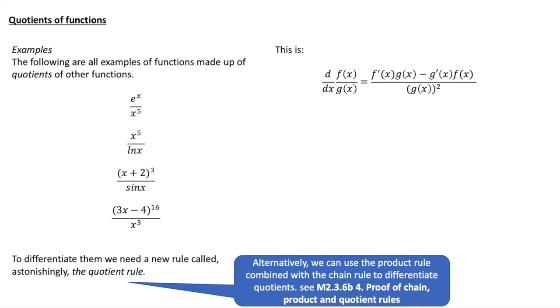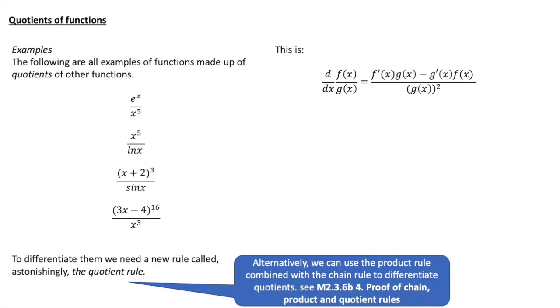And the quotient rule says that if we differentiate, so d by dx, the quotient f of x divided by g of x, then what we get is f dash of x times g of x, take away g dash of x times f of x, all divided by g of x squared.